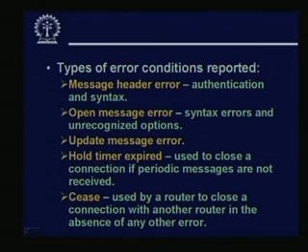And through the notification message, the types of error conditions that can be reported are, firstly, there can be some errors in the message header. This can be with respect to authentication or with respect to its syntax. Authentication means in cases where we need some privacy, possibly some of the header fields will go encrypted.